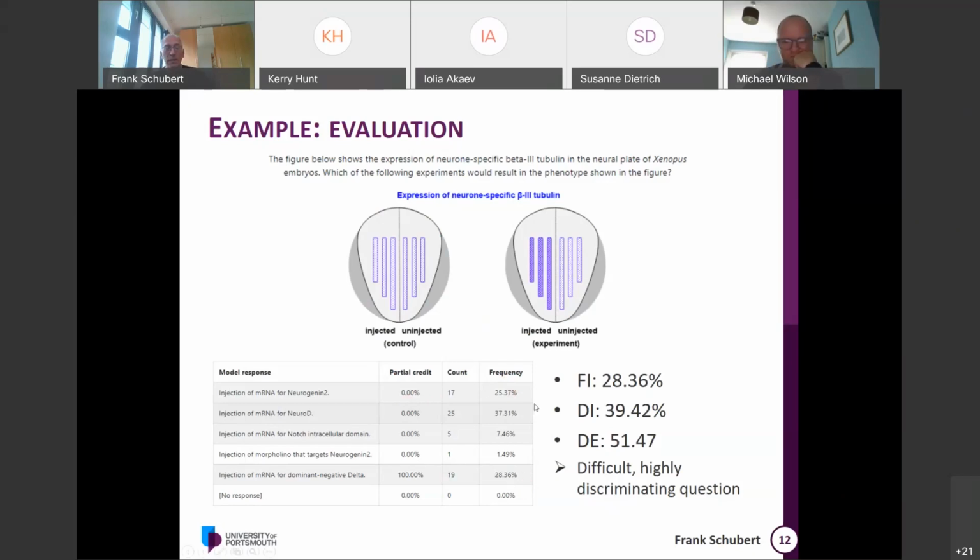So that could indicate that there was a problem with the question. But when we now look at the discrimination index, that is actually very high. So this was just a very difficult question, which was able to discriminate between the top students who got it right and the weaker students who had difficulties with it.